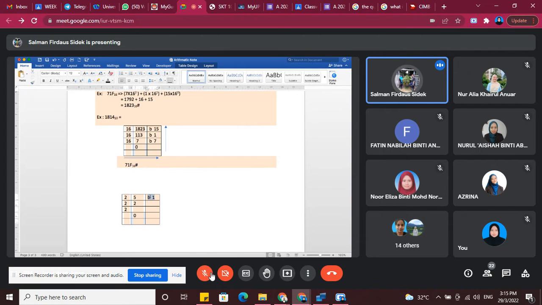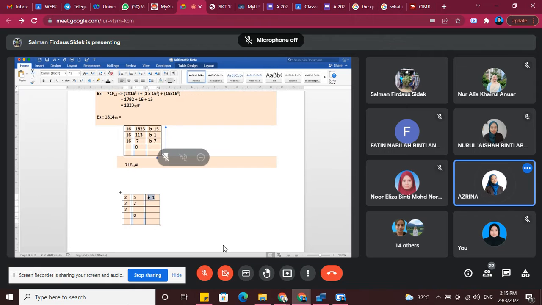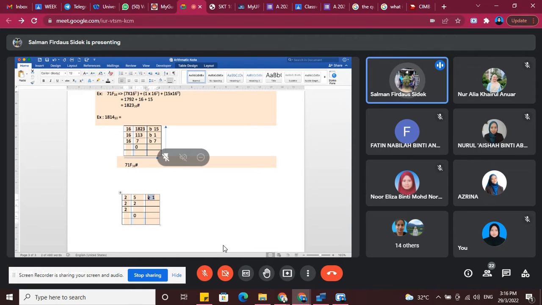Boleh tak nilai balance ni melebihi 2? Logically. Tak. Kenapa tak boleh? Let's say kalau dia lebih daripada 2 ataupun 2, apa yang berlaku sebenarnya? Apa yang boleh dibuat kalau ada balance tu 2? 2 and more lah.